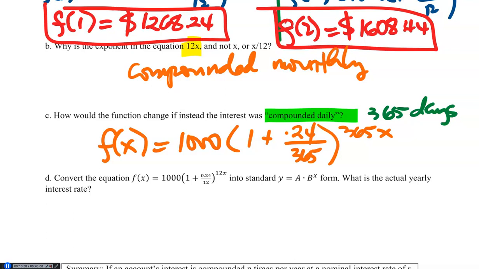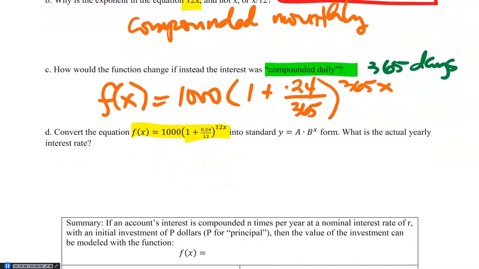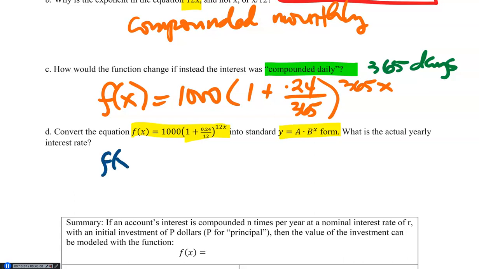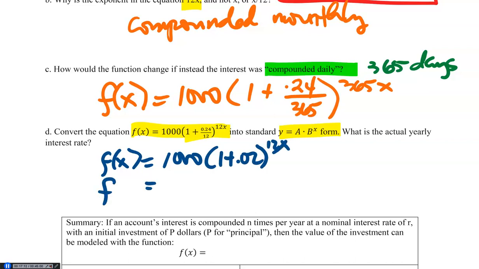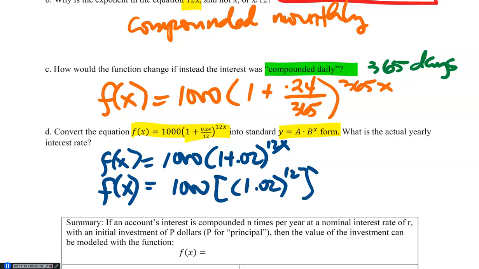Letter D, convert the equation f of x equal to 1,000 times (1 plus 0.24 over 12) raised to 12x in the standard form y equals a times b raised to x. So what we do is, let's simplify first inside the parentheses. 0.24 over 12 is 0.02, raised to 12x. 1.02, you can rewrite this as 1.02 raised to 12, raised to x.